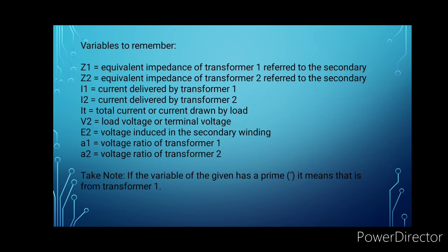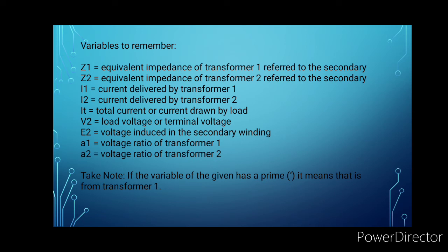And variables to remember before we go to the solving in this topic. Z sub 1 is the equivalent impedance of transformer 1 referred to the secondary. Z sub 2 is the equivalent impedance of transformer 2 referred to the secondary. I sub 1 is the current delivered by transformer 1.